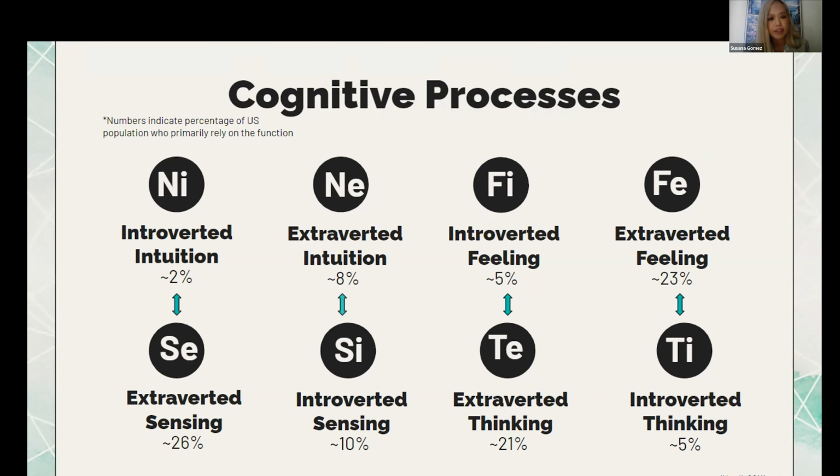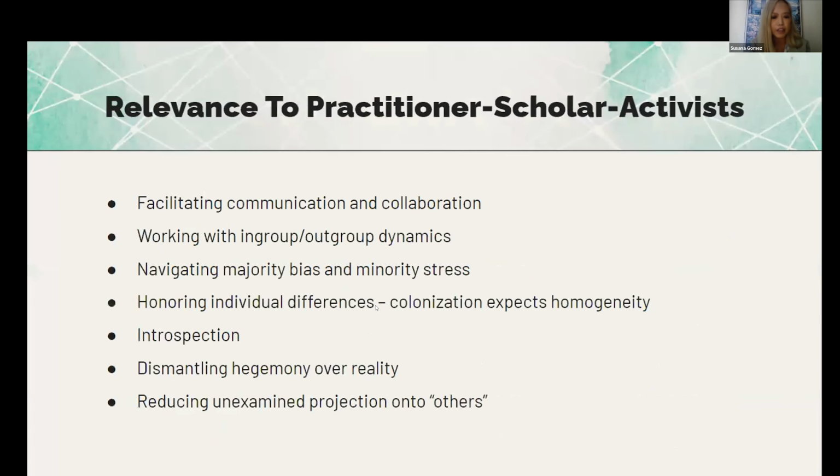Besides generating resentment that ultimately impacts people facing oppression, this dynamic brings up many themes relevant to liberatory work. These include in-group, out-group dynamics, majority bias, minority stress, our need to honor individual difference, our need for introspection, and our need to dismantle hegemonies over reality, along with unexamined projections onto others.